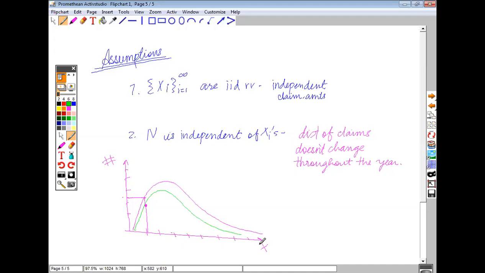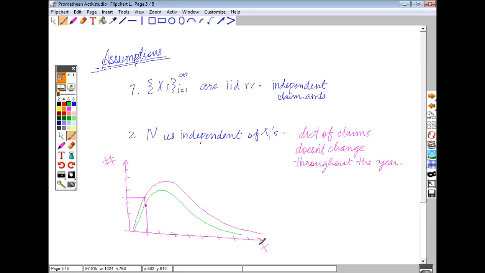Here, if we are looking at S, we know that my n will be a discrete distribution and my x will be a continuous distribution, because my claim amount can really be anything, right? It will take on integer values, but again, it can be anything really.